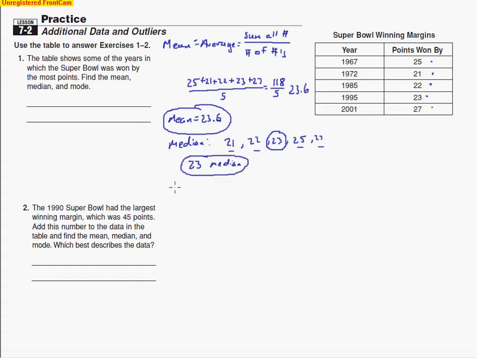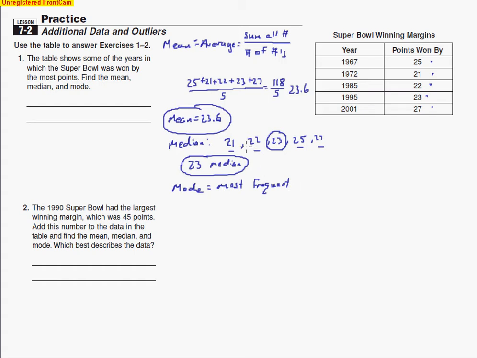So remember what we talked about yesterday. The mode is the most frequent. Well, sometimes we have a number that occurs more than once. Sometimes we don't. Yesterday, we had some data that was bimodal, so that's when the numbers that were occurring the most occurred the same number of times.